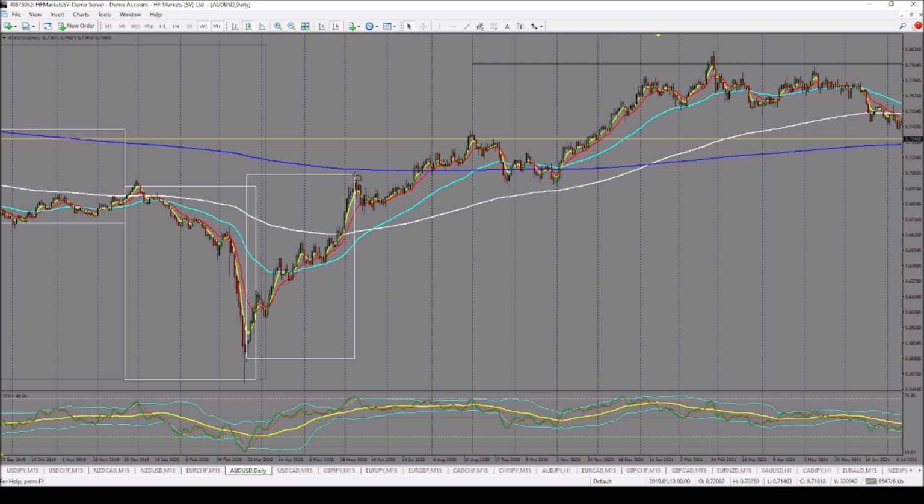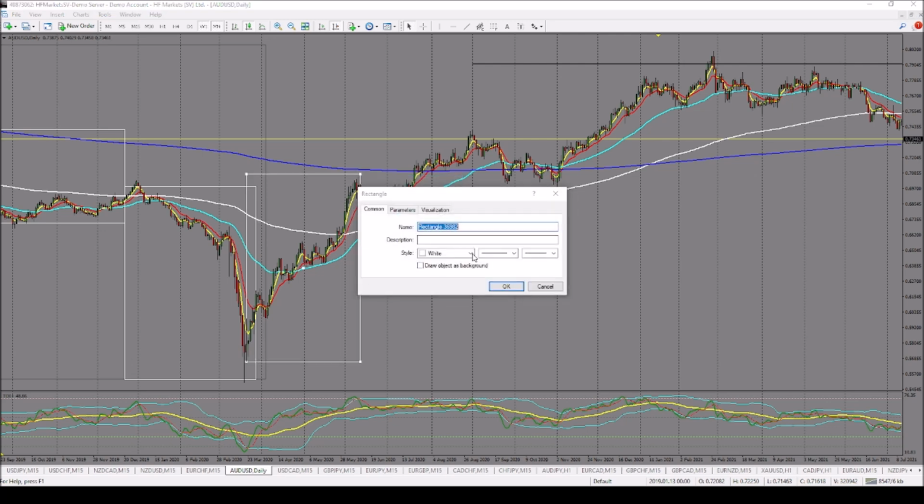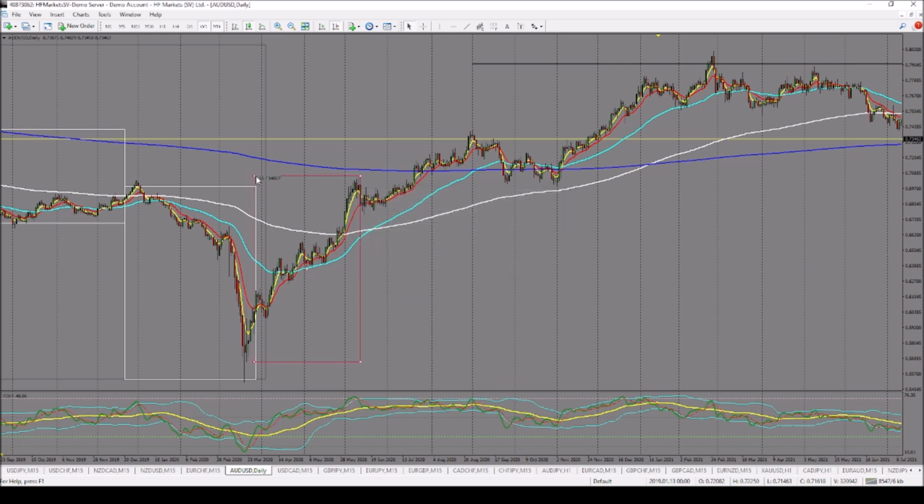We had the first push up like that. Then from there, we had the second push up.